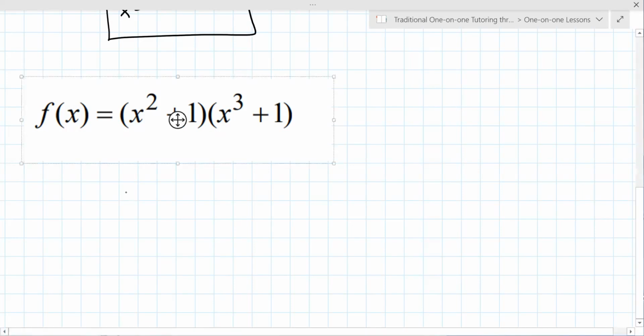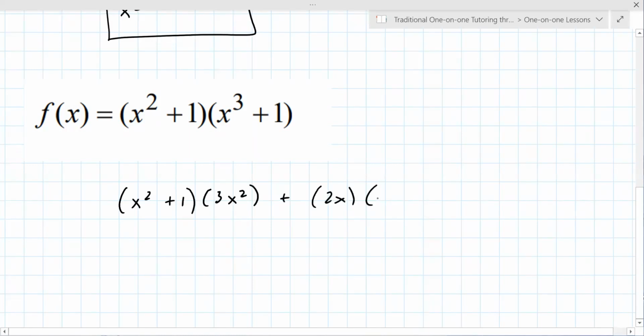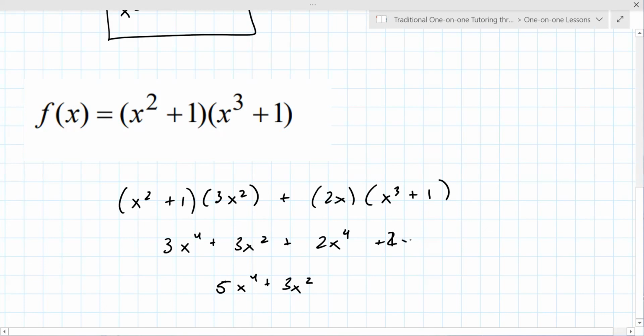Let me work this out here. So I got this. My preference is to keep the first, derivative of the second, plus 2x and then x cubed plus 1. So it would look like 3x to the fourth plus 3x squared plus 2x to the fourth plus 1. So that gives you a 5x to the fourth plus 3x. Wait, isn't it plus 2x? Yes, plus 2x. Thank you. Yep, that's what I got.